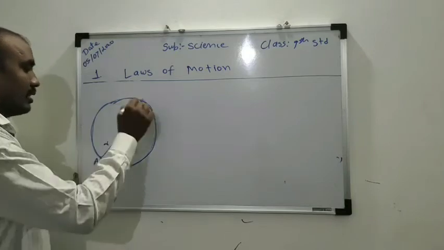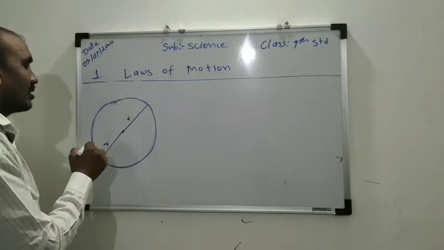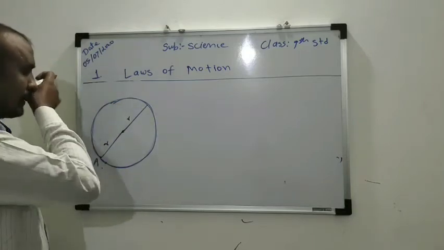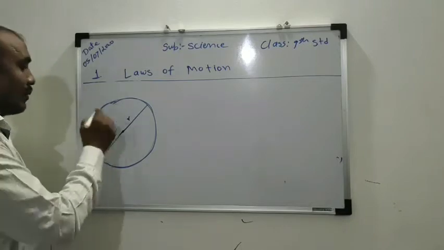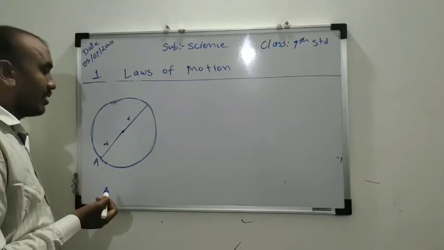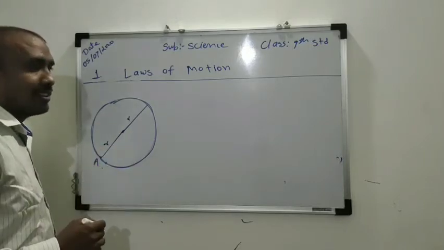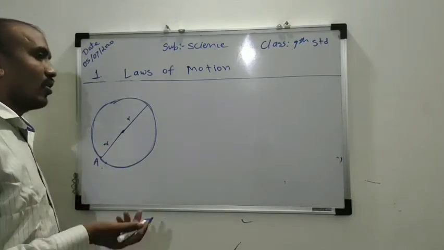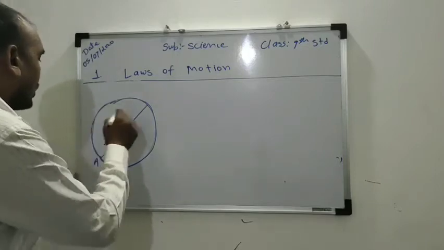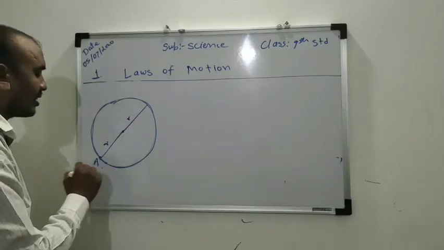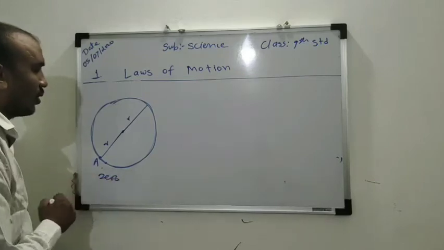Displacement is the whole thing, and distance, you tell me what will be the distance. Actually distance is this one and displacement is what? Yes, maybe 0. The displacement is 0 because the starting point and ending point are the same. So displacement is 0.